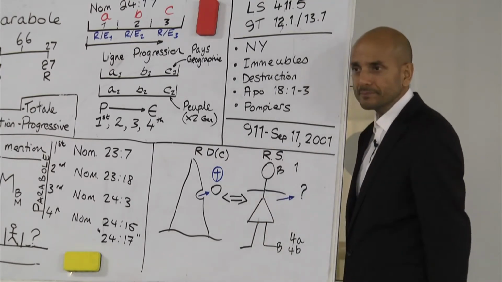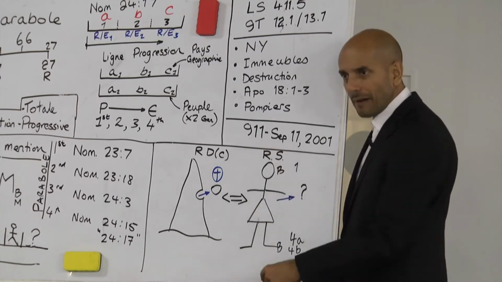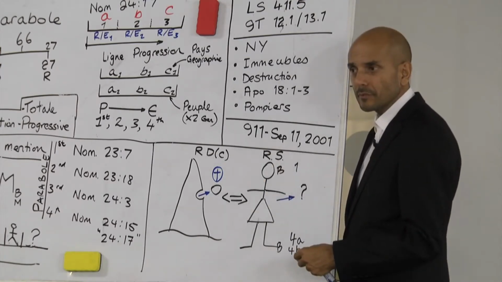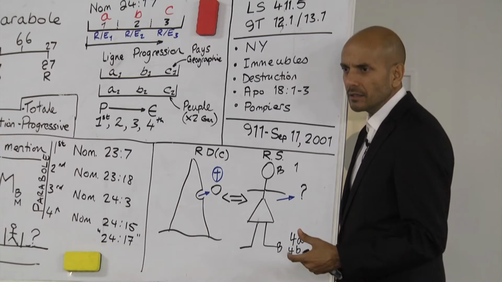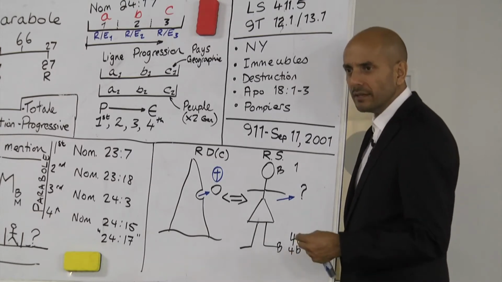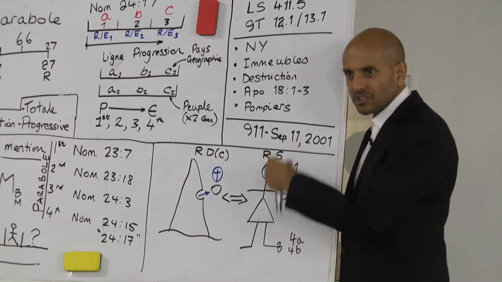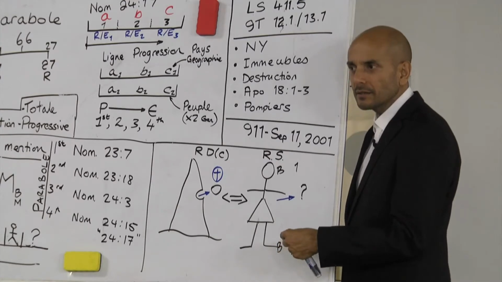This is the statue of Babylon. We know that because Daniel chapter 3 is the same statue, isn't it?